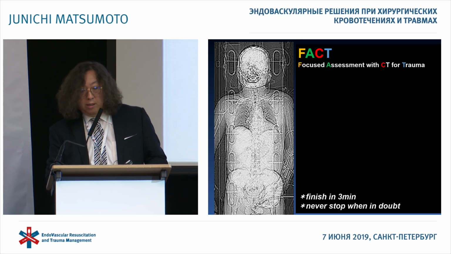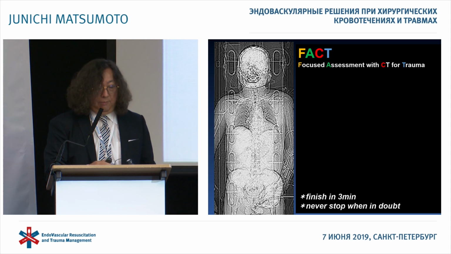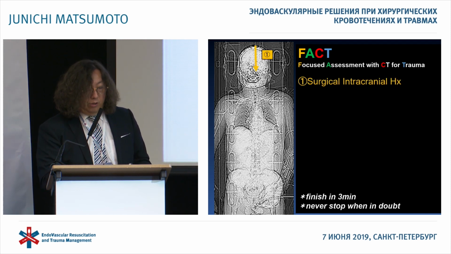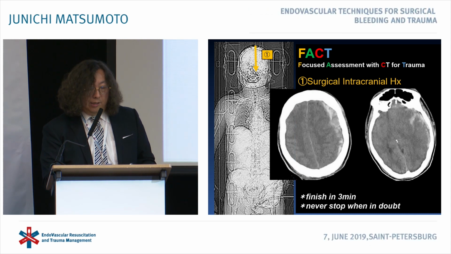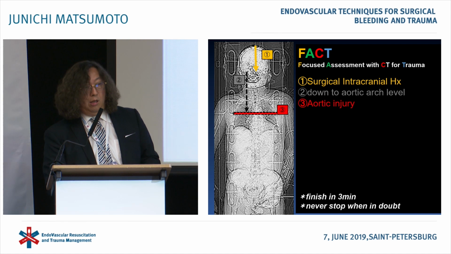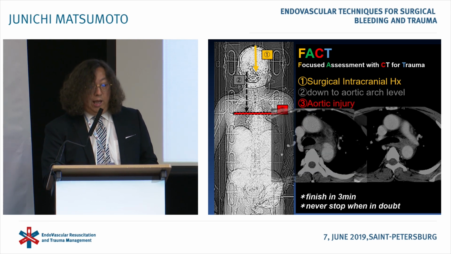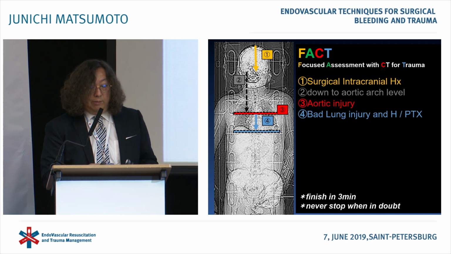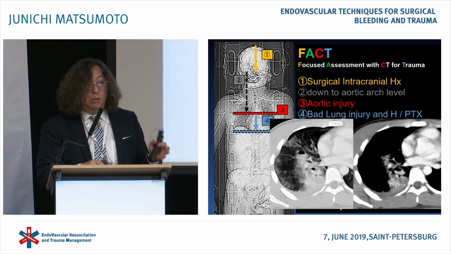It is called focused assessment with CT for trauma. In that, all we have to do is evaluate surgical intracranial hematoma like this, skip the neck, go down to the aortic arch to evaluate aortic injury, and go down to the lung base, evaluating bad lung injuries and hemopneumothorax.